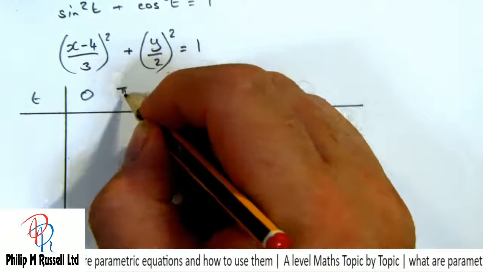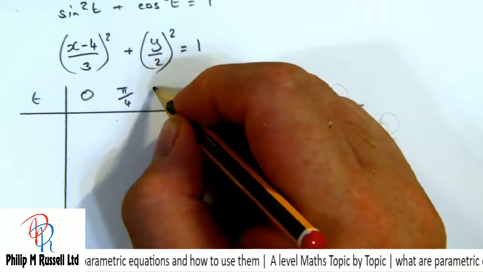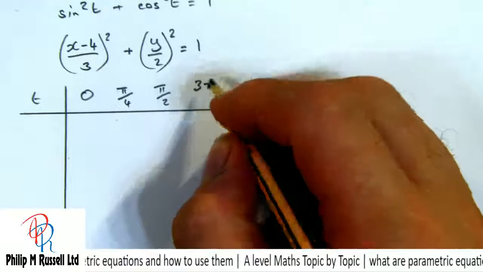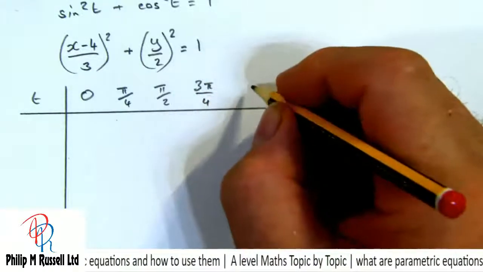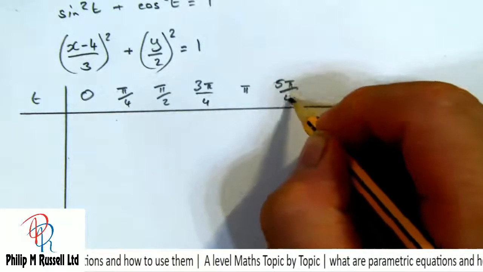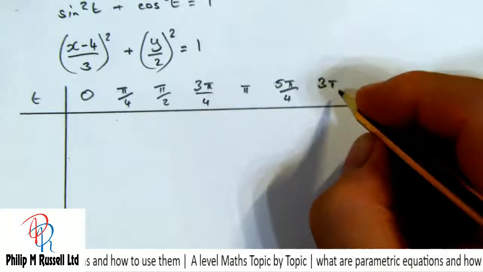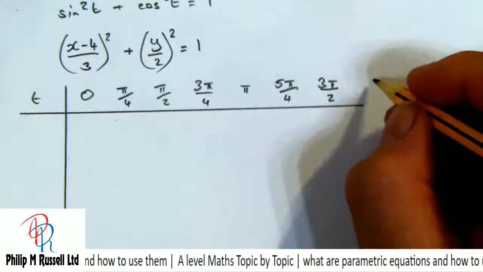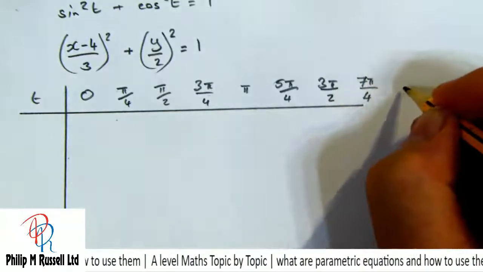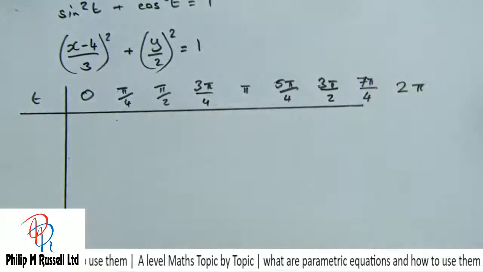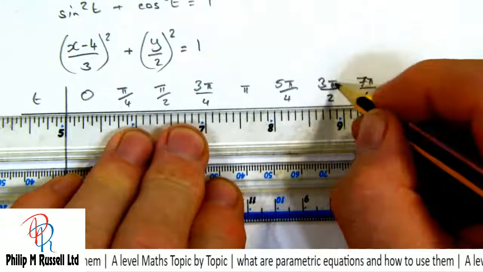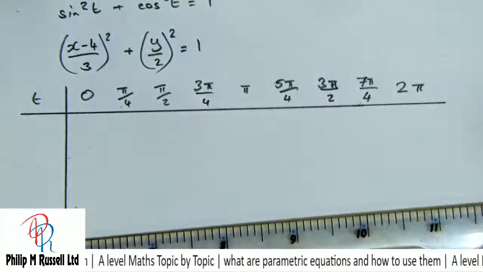Then we could look at pi over 4, pi over 2, 3 pi over 4, pi, 5 pi over 4, 3 pi over 2, 7 pi over 4, and finally 2 pi. Being able to sit down and just go through those is something that you need to be able to do.